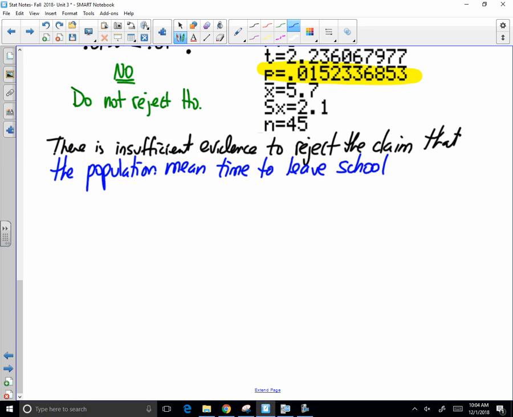You got to tell me the population mean what? What are we talking about? Time to leave school specifically is, that takes the place of the equal sign, 5 minutes at the 0.01 significance level.